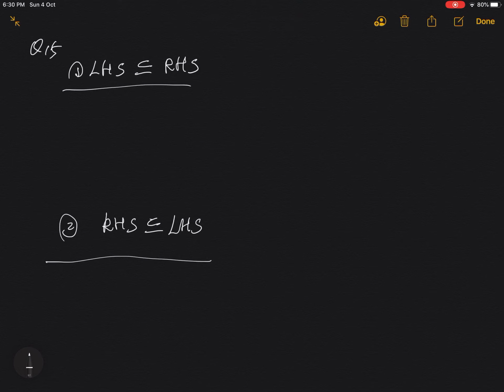So we prove the left hand side is a subset of the right hand side.